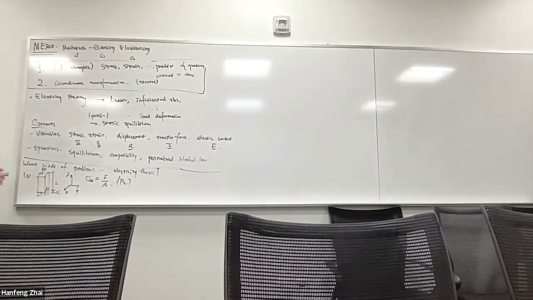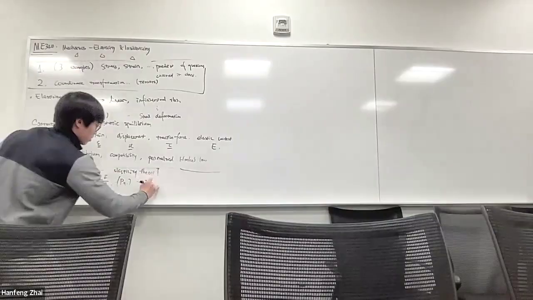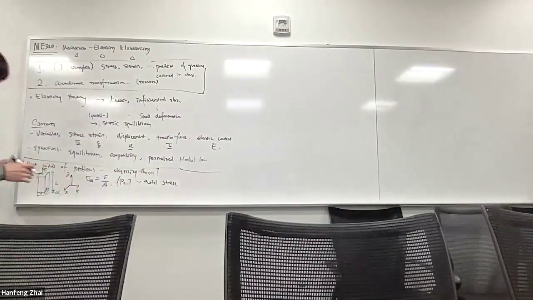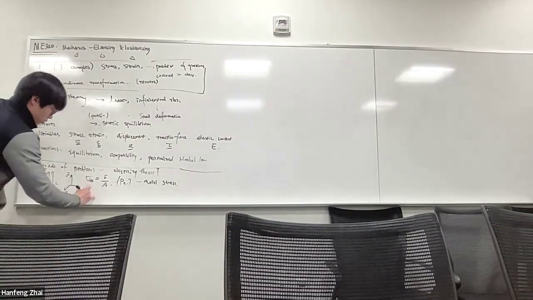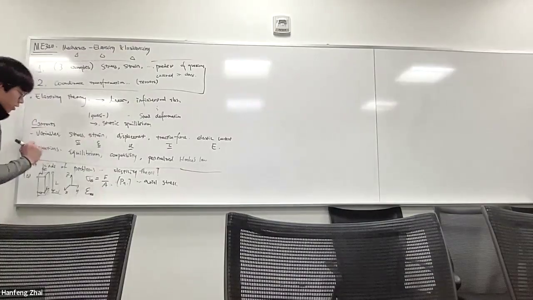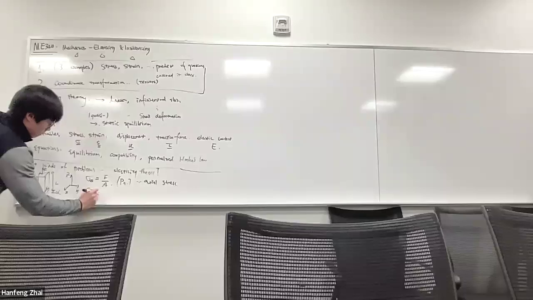And this is the axial stress. We know there's a change of length in the z direction, which is the axial direction, axial loading. So we can then define axial strain, epsilon zz, as we use the symbol.